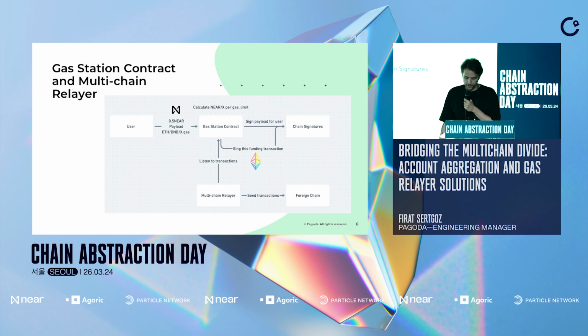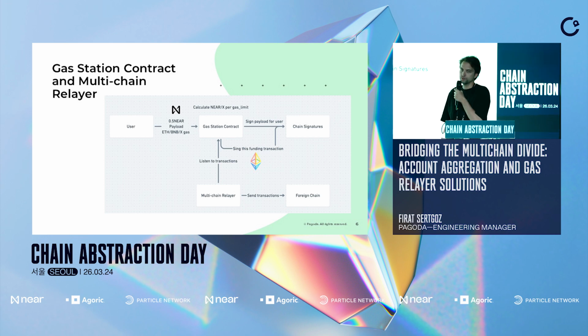What we're working on right now at Pagoda is this system, this infrastructure that we call the gas station contract and multi-chain relayers. We're in the first iteration of it. The user has 0.5 NEAR, for example, and a payload, and defines how much gas they're willing to spend on BNB or ETH, and sends it to the gas station contract.